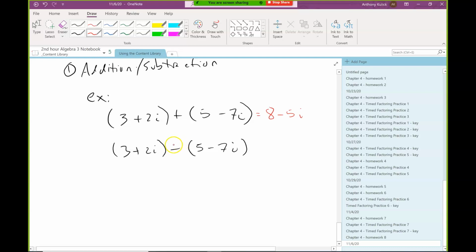So that's going to be 3 minus 5 is negative 2. 2i and 7i is 9i. Good? Yep. So again, should be pretty easy to do, right? No big deal there. Addition and subtraction is pretty straightforward.